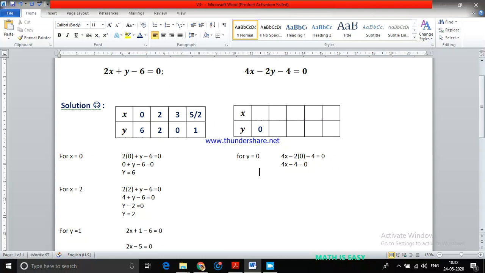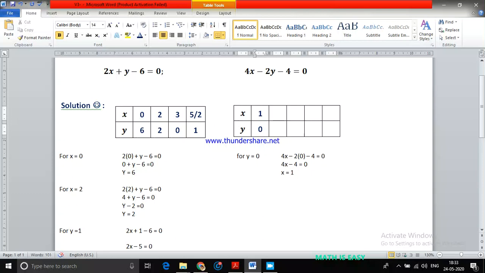If I solve it, you finally get x equals 1. 4x minus 4 equals 0, that means 4x equals 4, then x equals 1. So if y value is 0, then x value is 1.